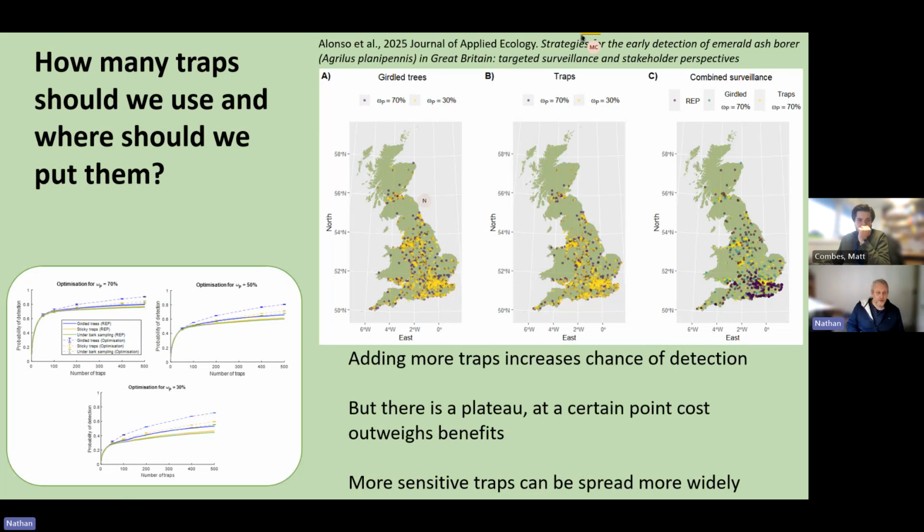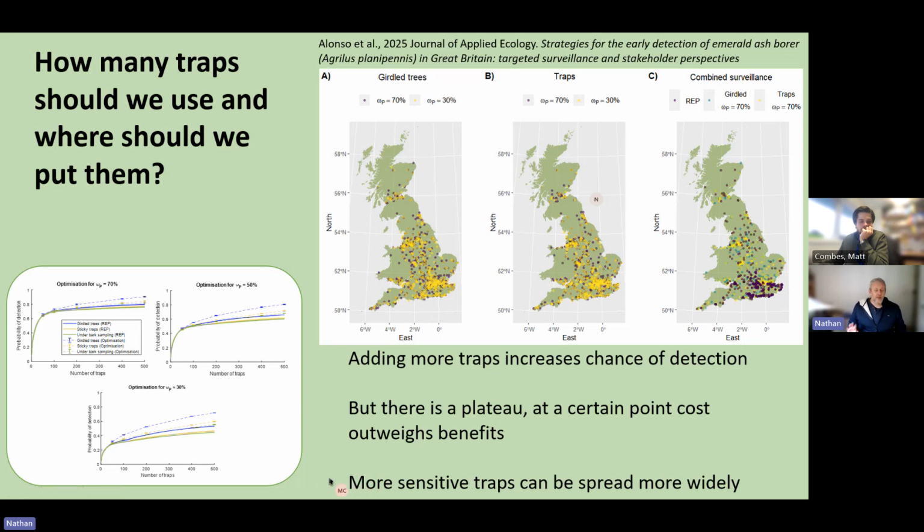So there's a cost-benefit trade-off there, and we can start to figure out what the best number is to look within various budgets. We can also look at where we should put traps in the country, and we can do this through models. For these, sensitivity is really important. So we can see we've got two things mentioned here. Girdle trees, really, really effective, high sensitivity, and these coloured sticky traps that are fairly effective, but much less so than the girdle trees.